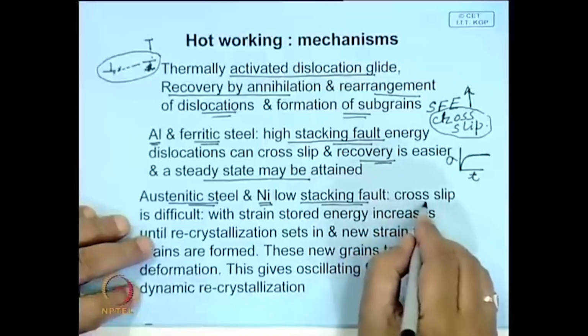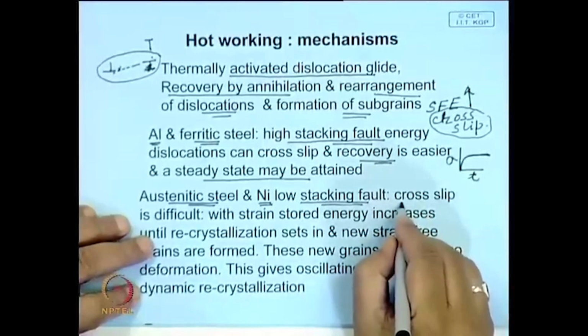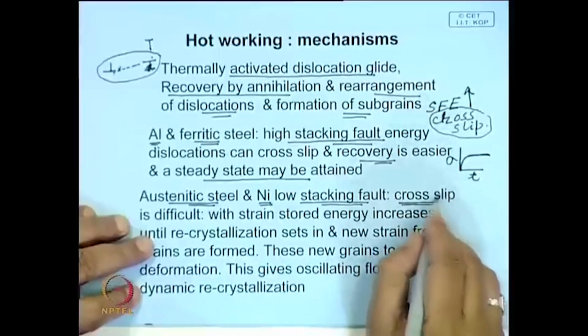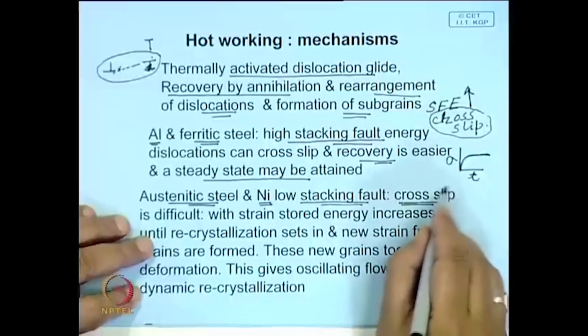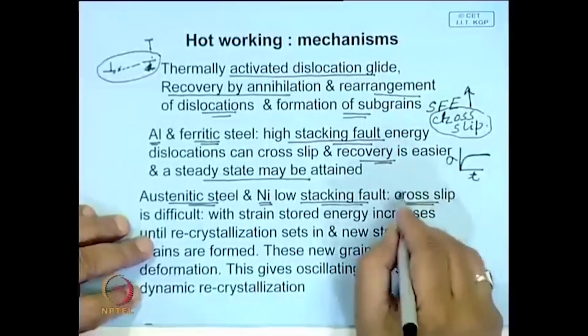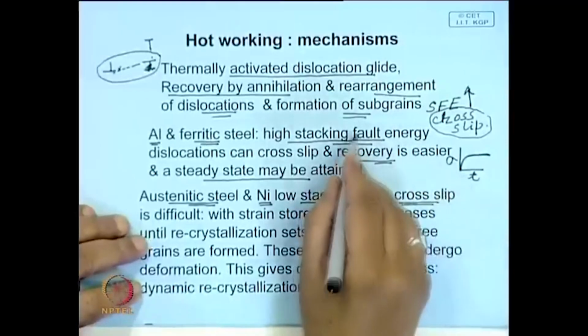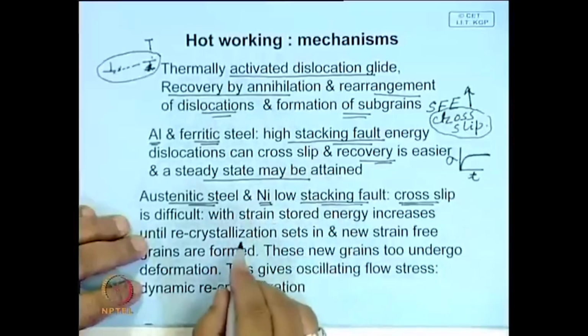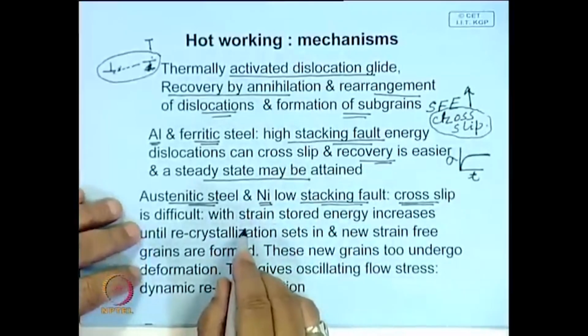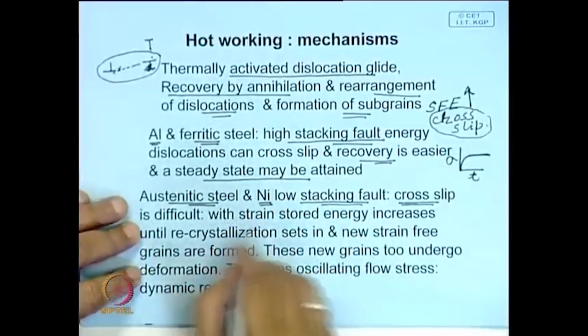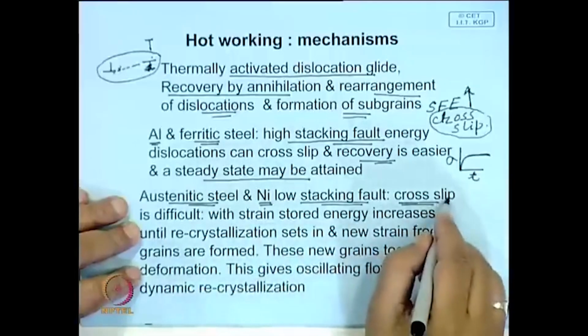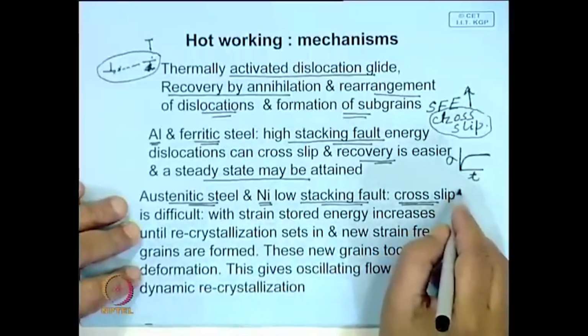So, here the dislocations which split into partials cannot cross slip. The slip planes are very specific. So, it will be unable to cross slip, and such type of dislocation network or boundary formation, dislocation grain boundary formation and recovery process will be more difficult.